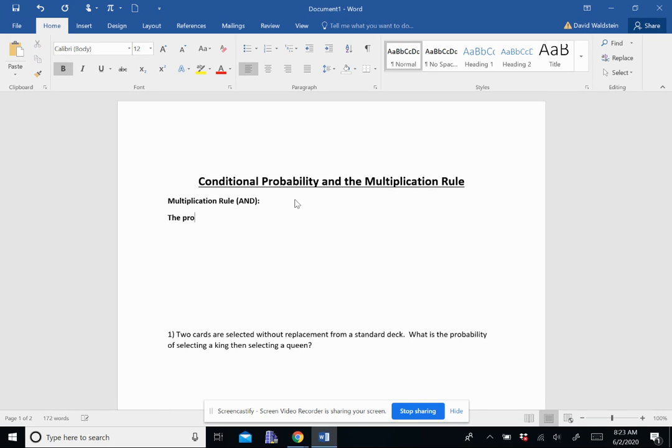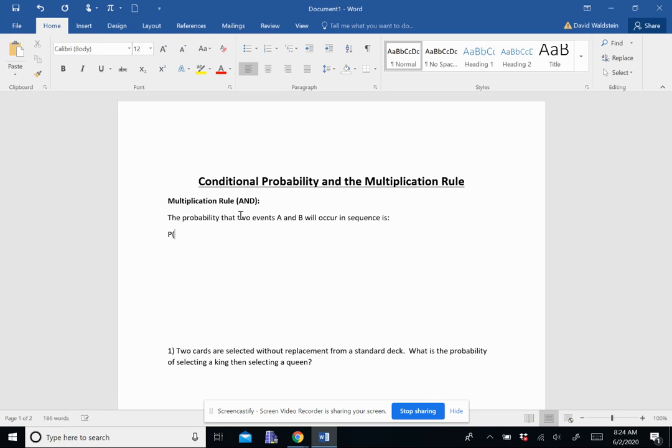So let's say this is the probability that two events, A and B, will occur in sequence. We call it, we say the probability of A and B.